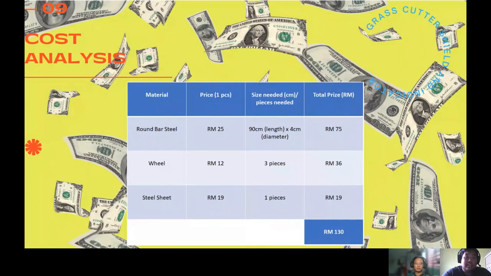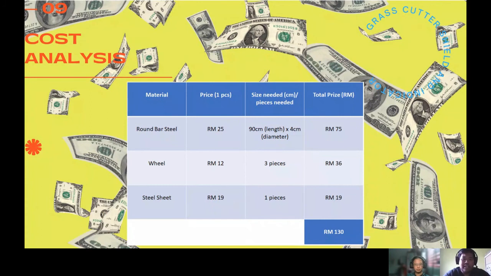Okay, now I will explain the cost analysis. After we have observed the material on the internet, we can know the price or the cost of the material. The first one is the round bar steel.